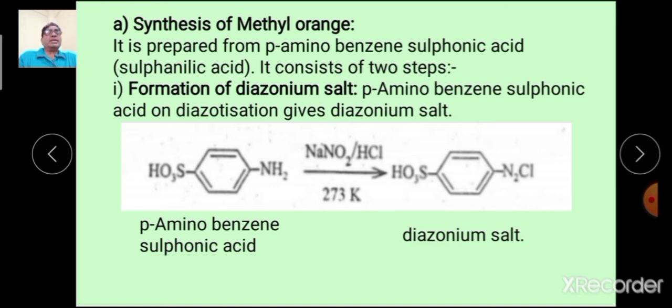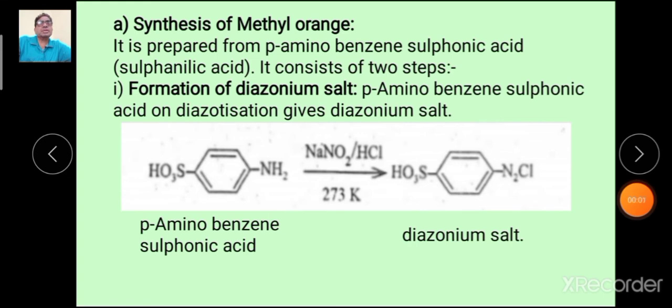The first reaction is synthesis of methyl orange. The reaction is of the variety of coupling reaction of benzene diazonium chloride. The steps involved in the synthesis of methyl orange: the first one is formation of diazonium salt.